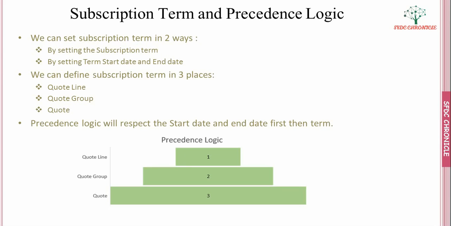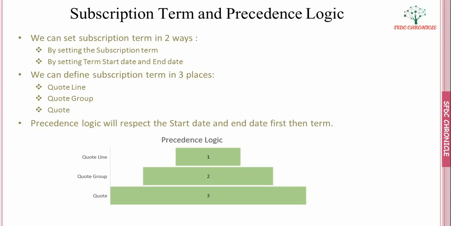That you need to provide in your term start date and term end date field. And you can define the subscription term, that can be term or term start date and end date, in three places. First one is quote line, second one is quote group, and third one is quote.